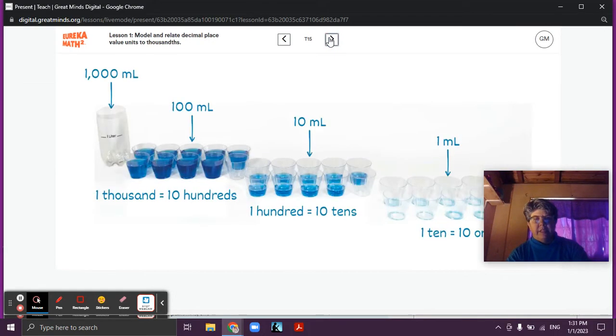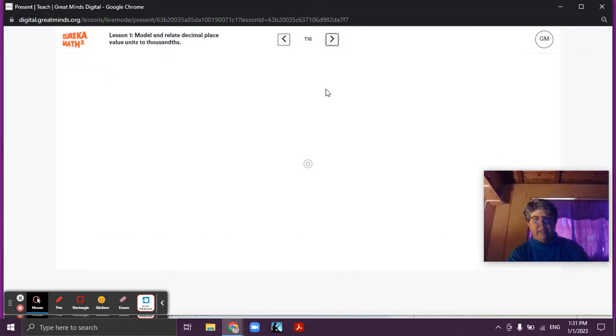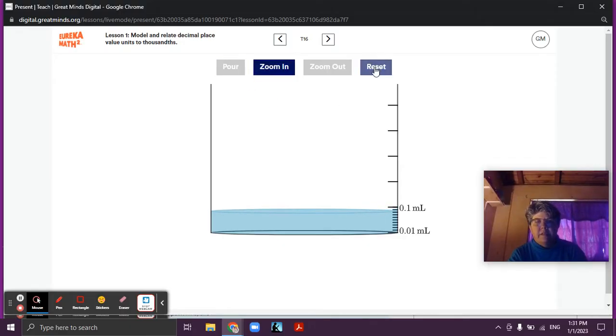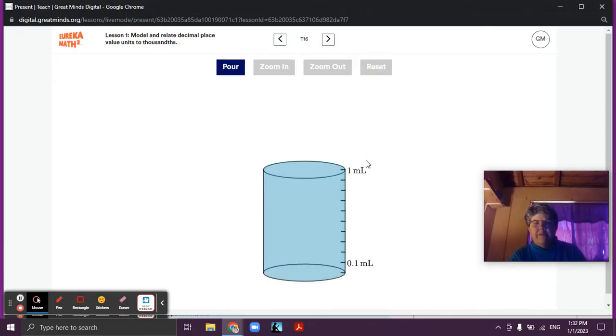There's the video we watched in the last video. Okay, so we have a 1 milliliter container, 1 milliliter of water, and you can see that down here we have 1/10.